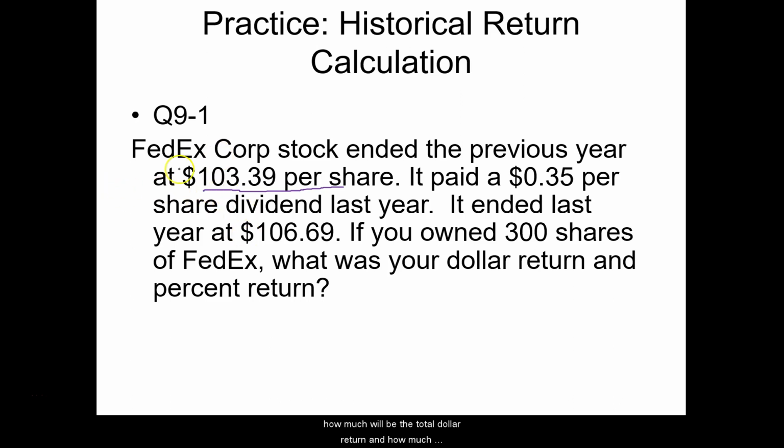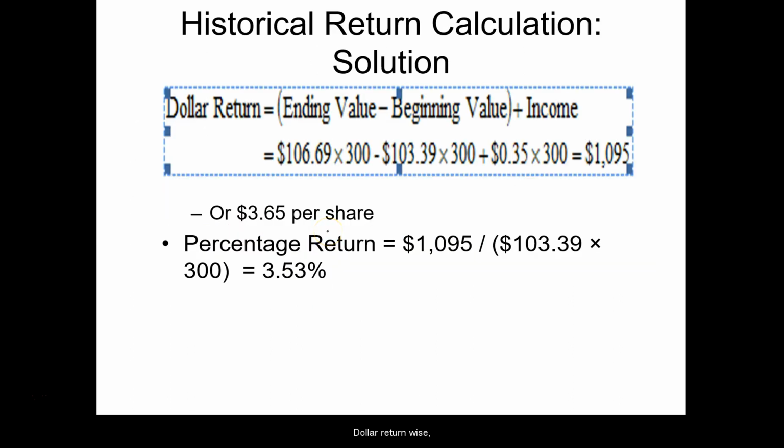If you own 300 shares, then how much will be the total dollar return and how much will be the percent return? Dollar return wise, if we are looking at 300 shares, each share started with 103.39 and ended with 106.69.